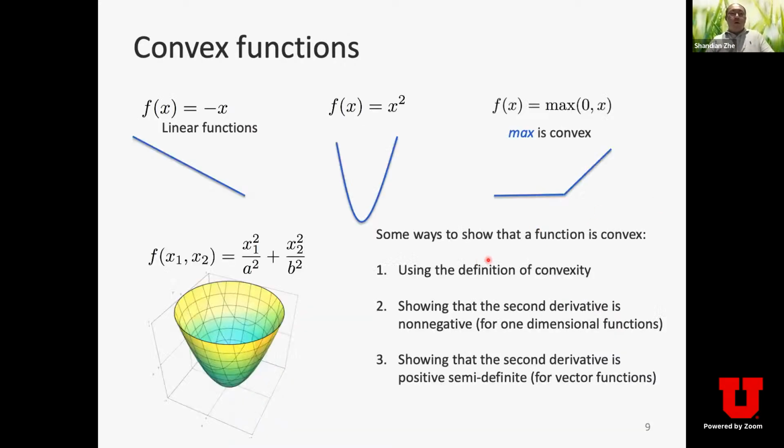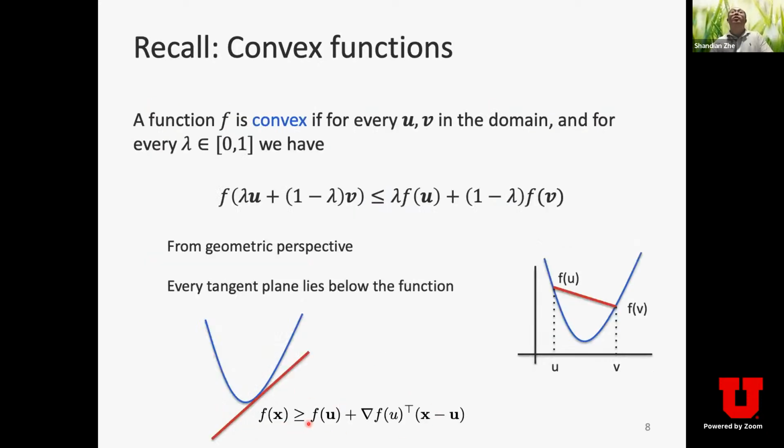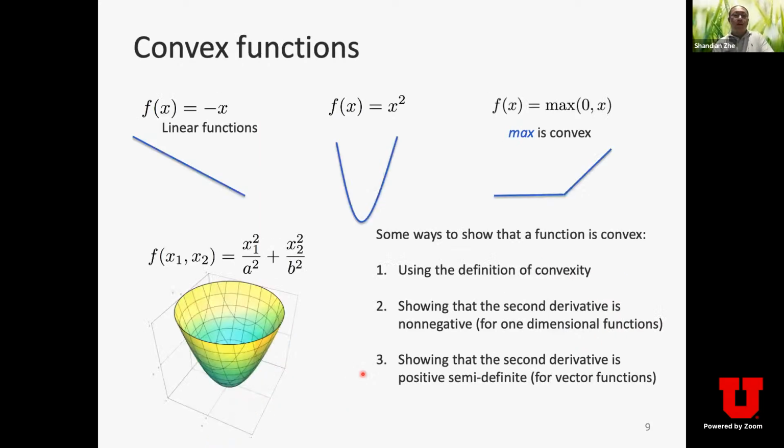Or if the function is twice differentiable, then we can show that the second derivative is non-negative. If this function is a vector function, then you need to show the Hessian matrix is positive semi-definite. Or, if this is differentiable, you can show this inequality holds. So there are several commonly used ways to show a function is convex.